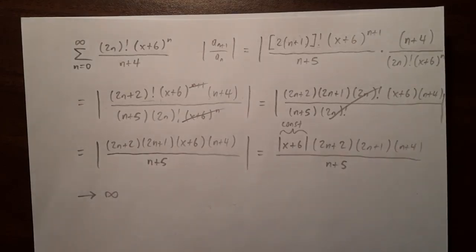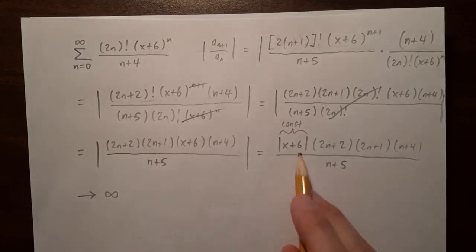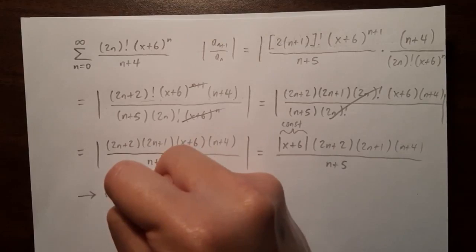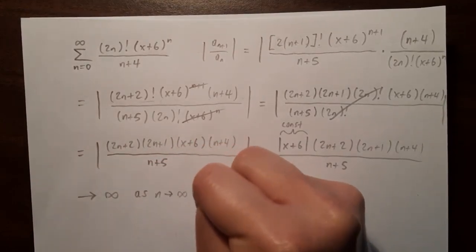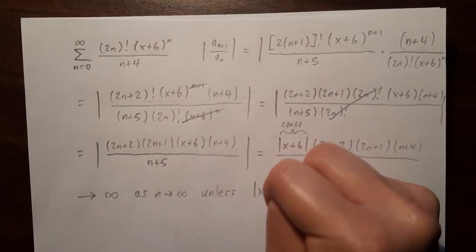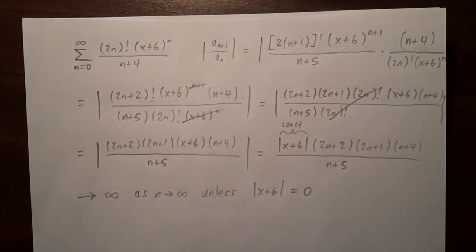But that's the only exception. If x plus 6 is anything other than 0, this thing is going to diverge to infinity as n goes to infinity. Unless x plus 6 is equal to 0.